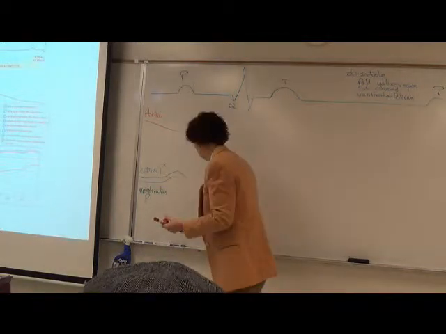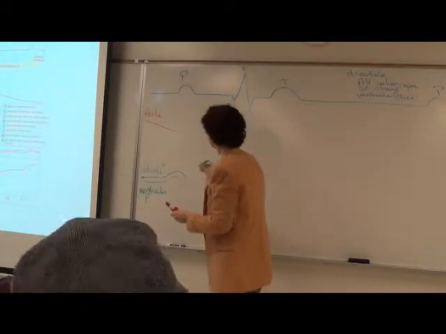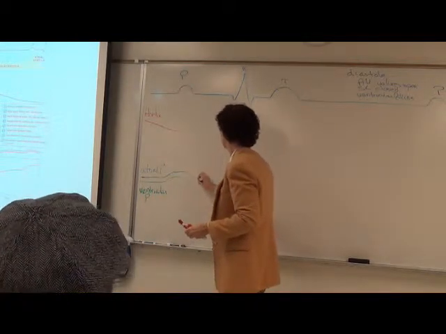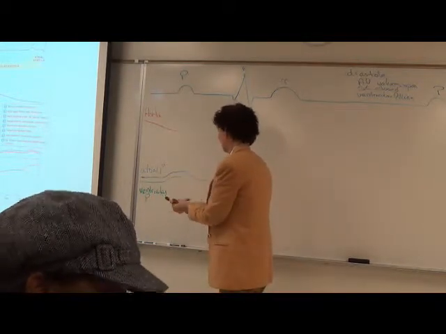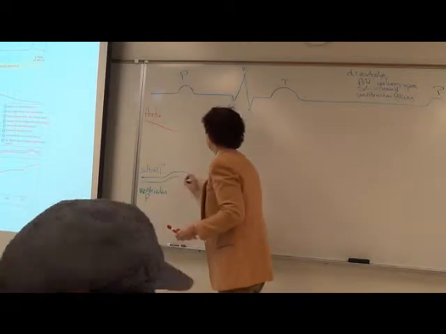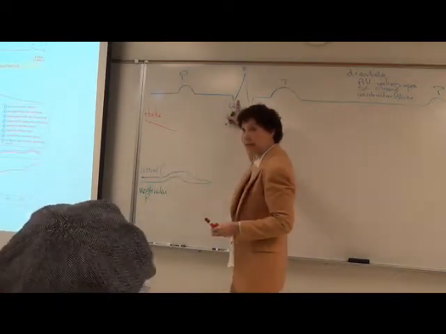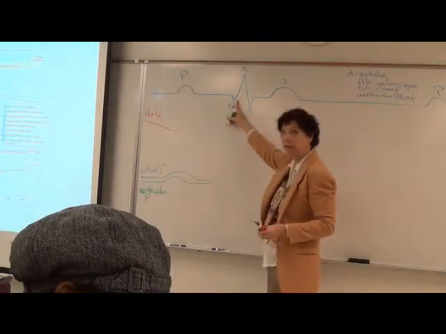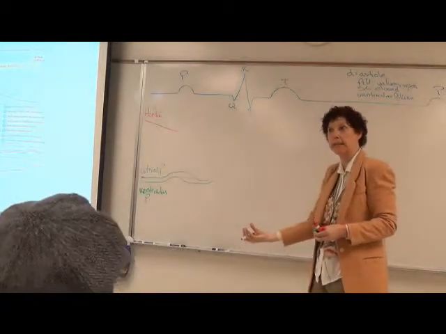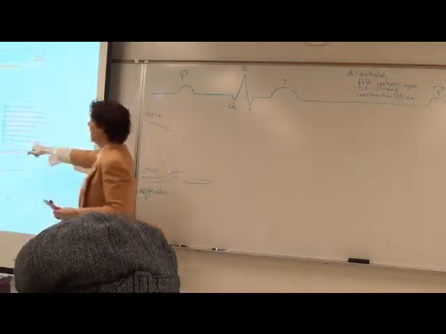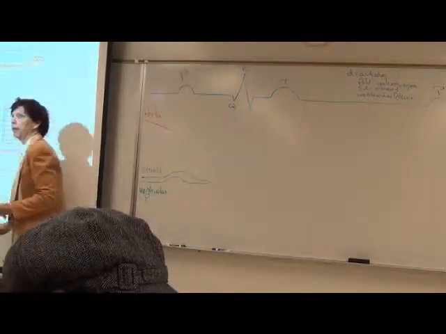And then the ventricular pressure starts to increase as the ventricles depolarize. And the ventricles start contraction from their apex. So as that starts to occur, we see a rise in ventricular pressure.